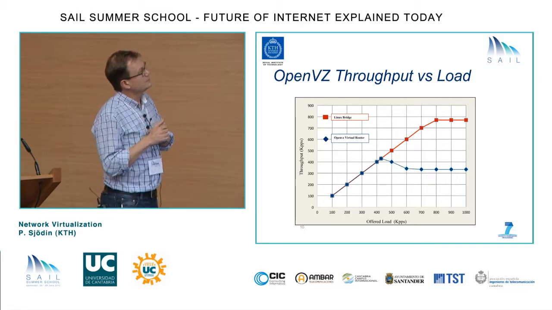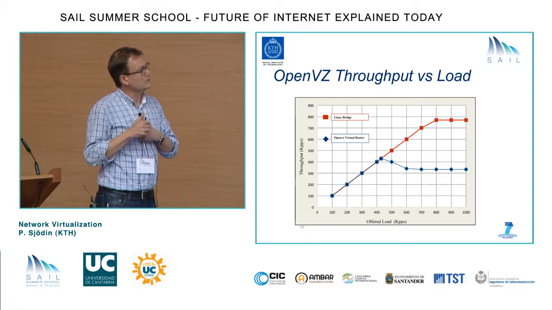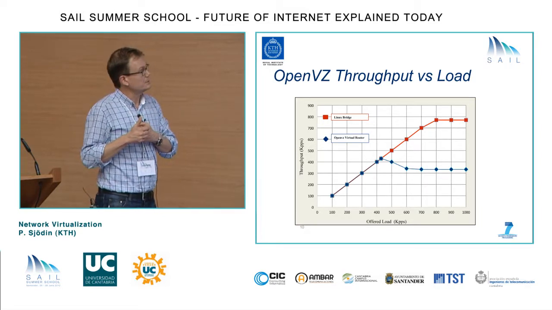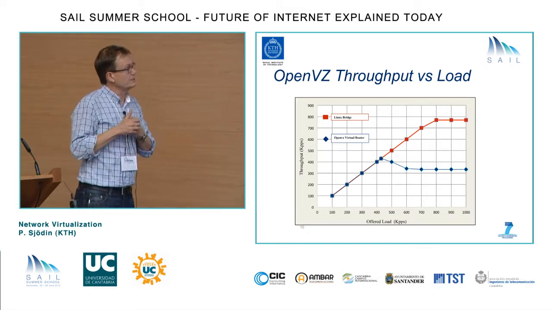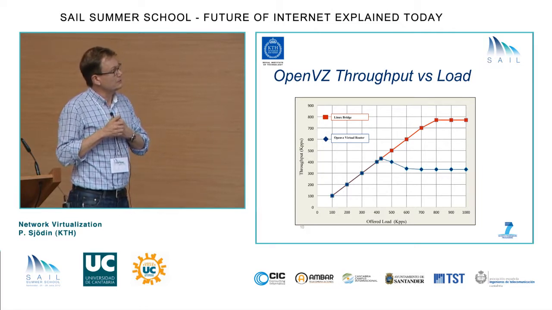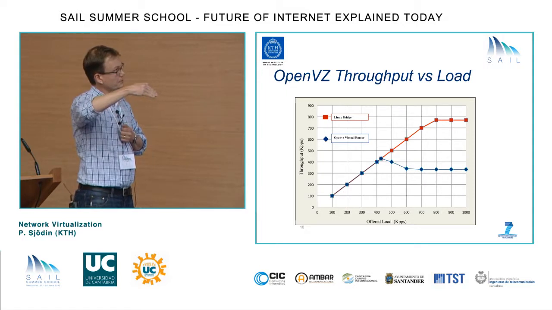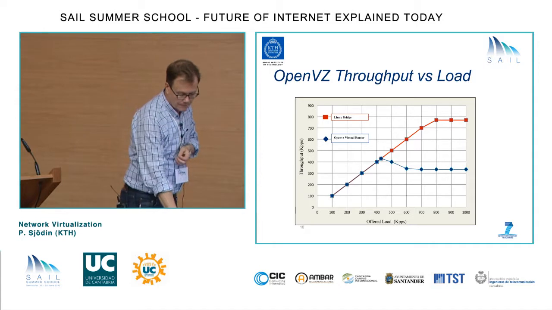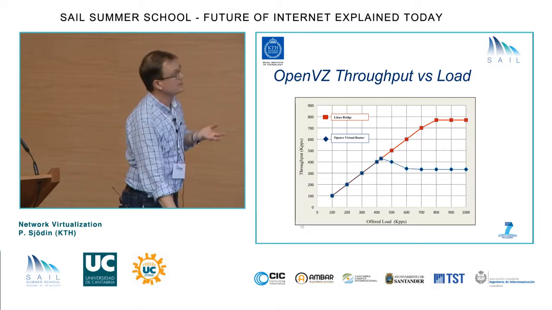The other one, which is perhaps more severe, is that we see the performance starts going down when we reach the maximum throughput. So you see that from 400, 500 and 600, we get a decline. The performance throughput starts to go down. And that is clearly not a good thing.